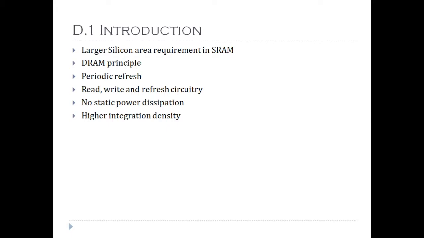And as a trend in semiconductor memories, people started working on memories with larger density. The first design criterion that we saw is cost per bit, or in other words, the number of bits that can be stored per unit area. So people were trying on that.